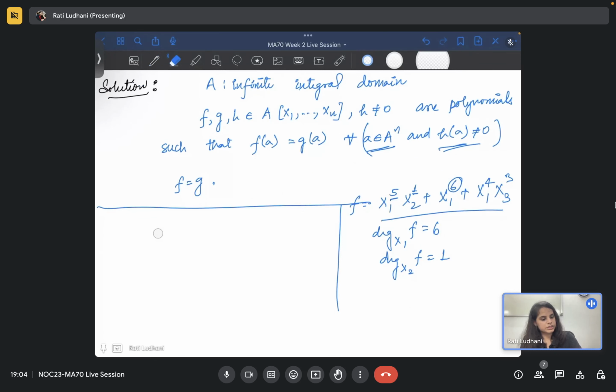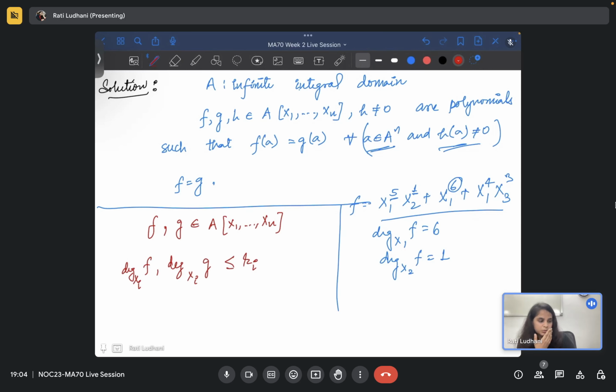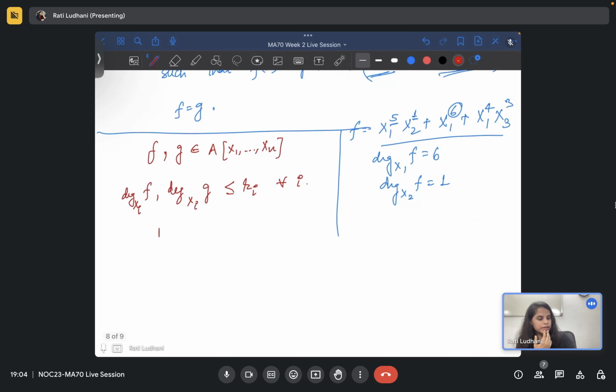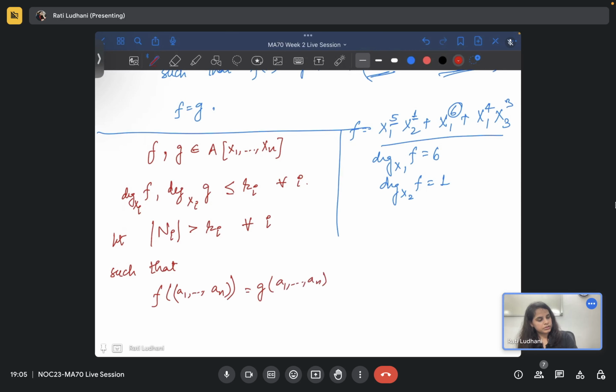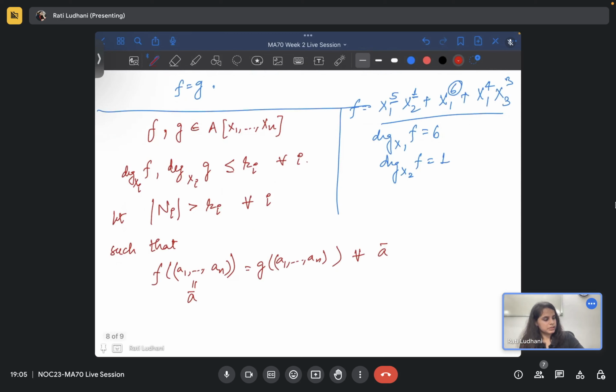If f and g belong to A[x1 to xn], and degree of xi of f and degree of xi of g are less than or equal to ri for all i, and there are some sets Ni such that the cardinality of Ni is greater than ri for all i, such that f of a1 to an is the same as g of a1 to an for all a bar, where a bar means the tuple, belonging to N1 cross ... cross Nn.